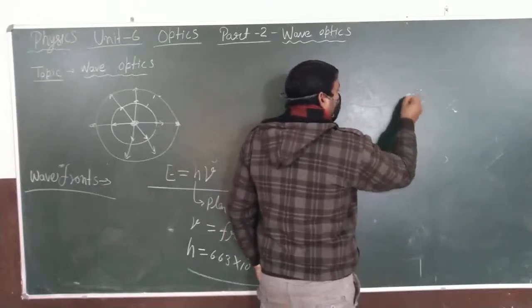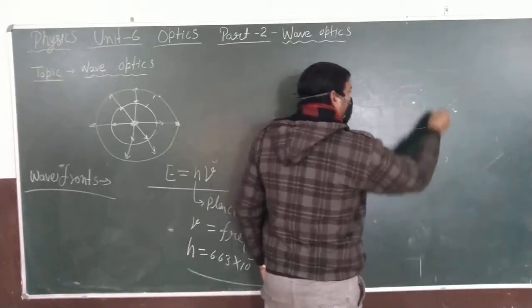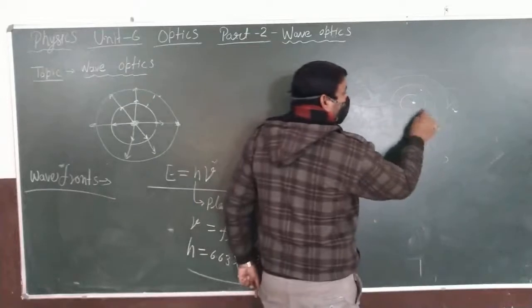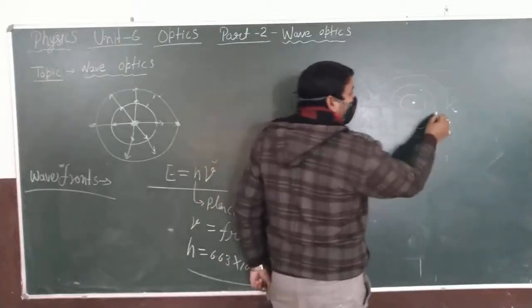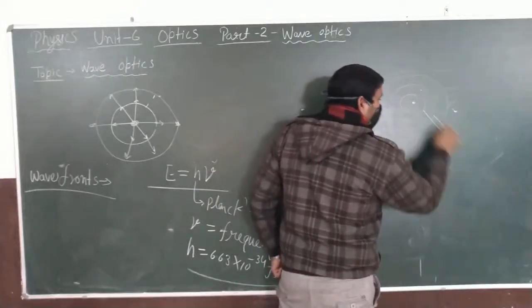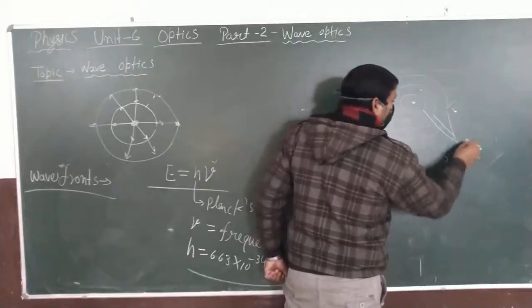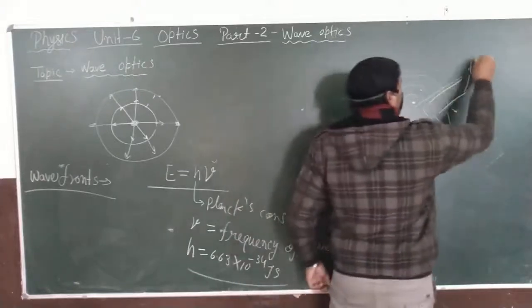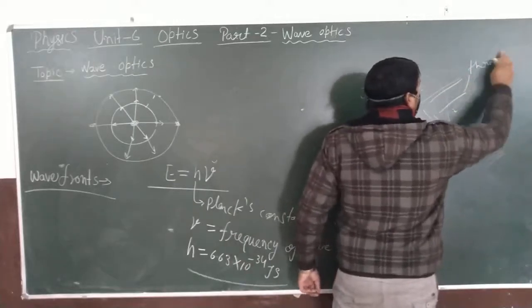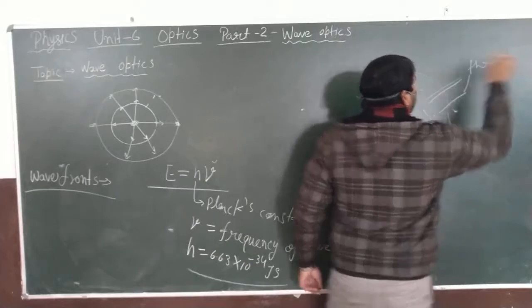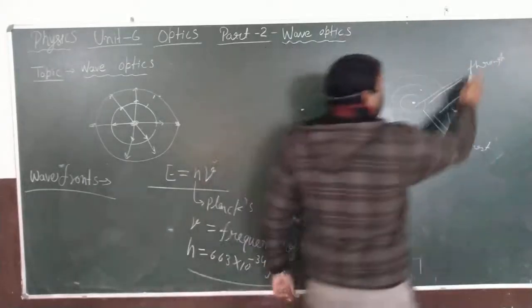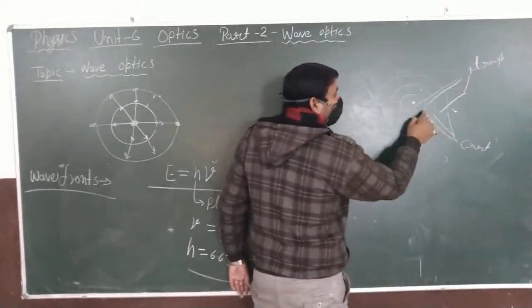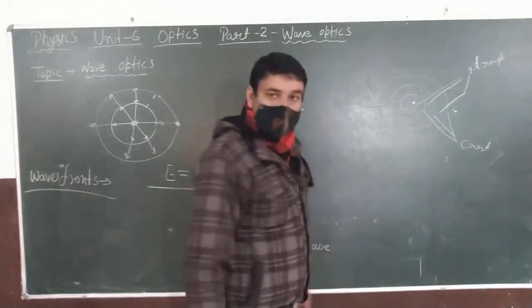We observe that the waves originate such that these are crests and these are troughs. Every crest is equidistant from the next.